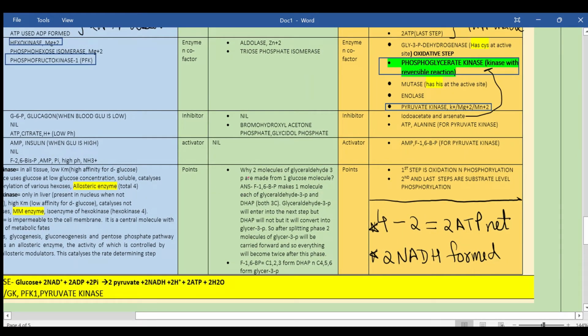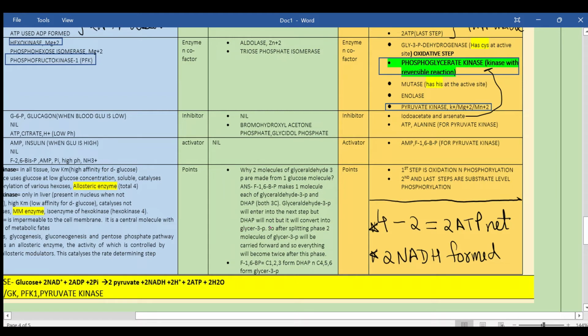Why are two molecules of glyceraldehyde 3-phosphate made from one glucose molecule? Answer is fructose 1,6-bisphosphate makes one molecule each of glyceraldehyde 3-phosphate and DHAP, that is dihydroxyacetone phosphate, both 3 carbon. Glyceraldehyde 3-phosphate will enter into the next step, but DHAP will not, but it will convert into glyceraldehyde 3-phosphate.